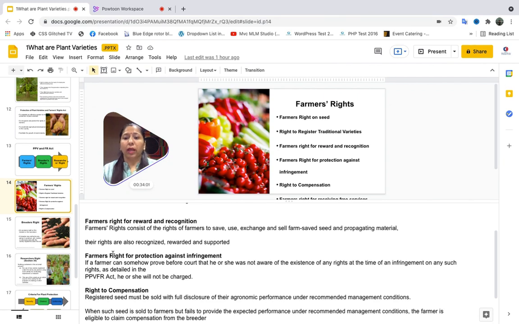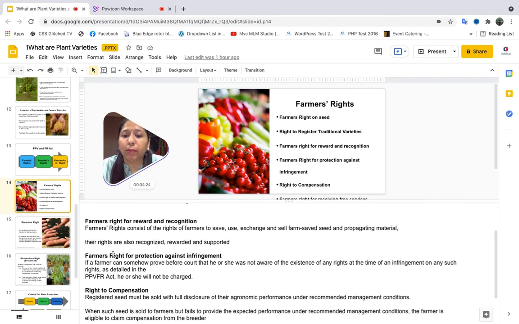Now, the fourth one is farmers' right for protection against infringement. Now, this is an important one. This means if a farmer has mistakenly used seeds or a product of a company or from a breeder, and he or she didn't know that it is a protected variety, he or she didn't know that he or she cannot use it.